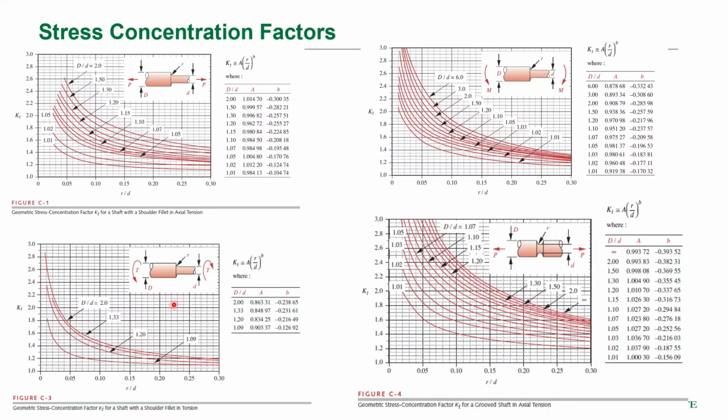And so we don't always want to design something that can take 3 times the load, because then we'll end up spending more money and using more material. So we can't just say, oh, well, we'll design everything so that it's 3 times the stress on the end, so that we don't have to worry about it.